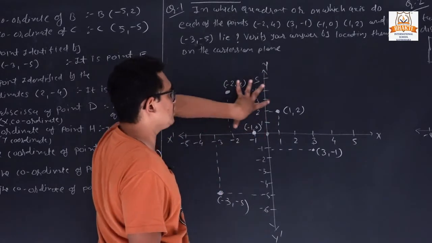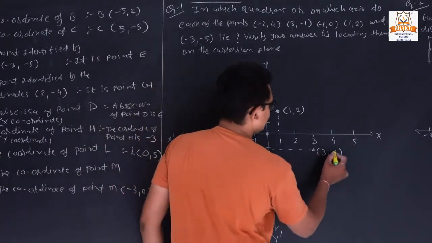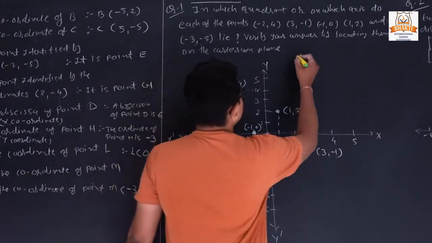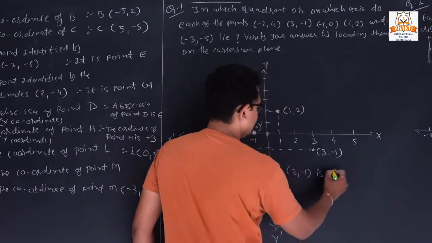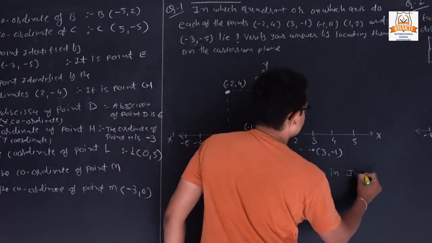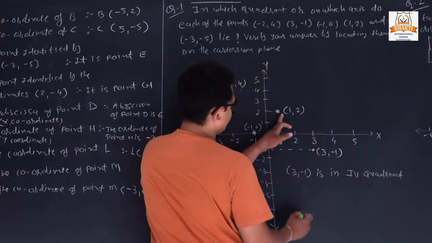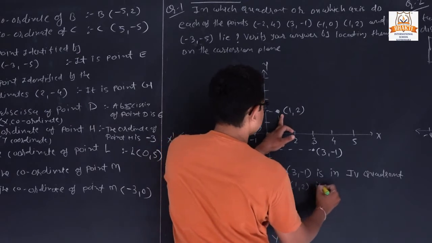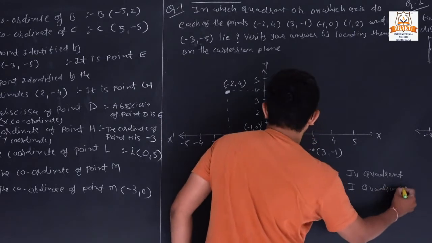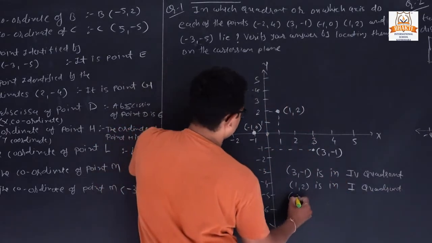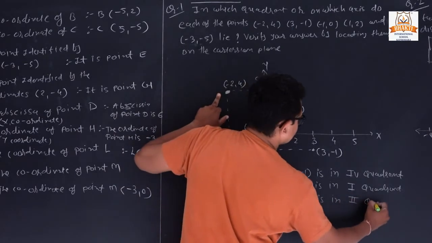So we can locate all the points on the Cartesian plane. Now we can identify. This point is in which quadrant? So we can write (3, -1) is in the 4th quadrant. Then (1, 2) is in the 1st quadrant. Then (-2, 4) is in the 2nd quadrant.